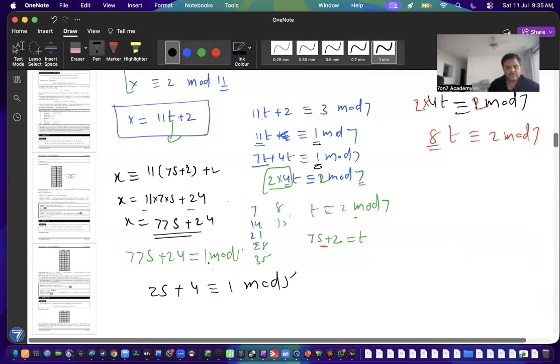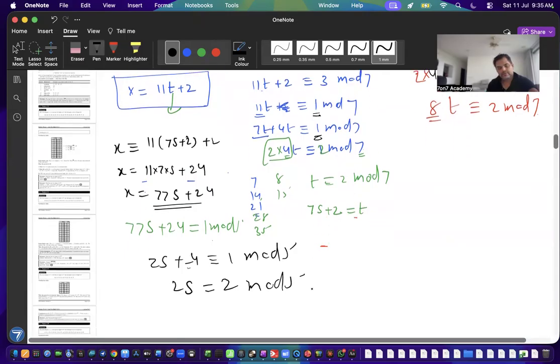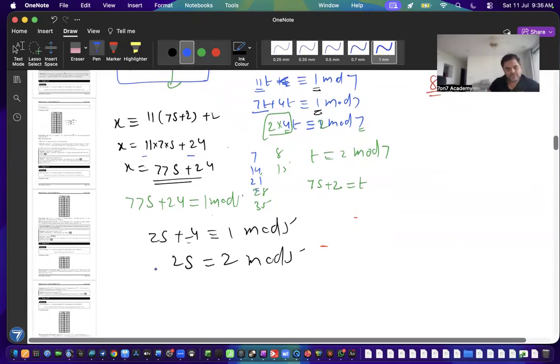Why are you taking it as +4? If we take -1, what's the difference? You'll move it to the other side. So 2s is equal to -3, so that's 2 mod 5. Agree? Then you have to multiply by 3 to get 1 more than a multiple of 5. So s becomes 6 mod 5, so 1 mod 5.